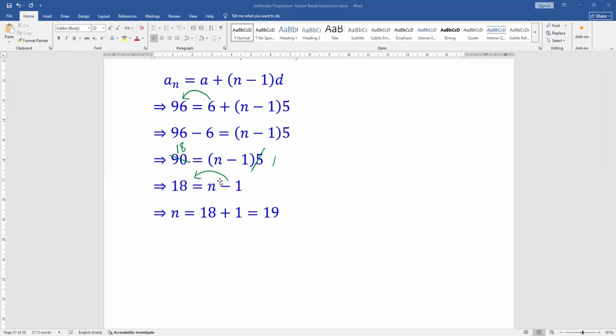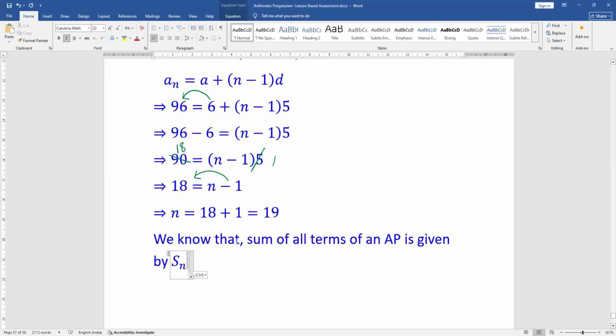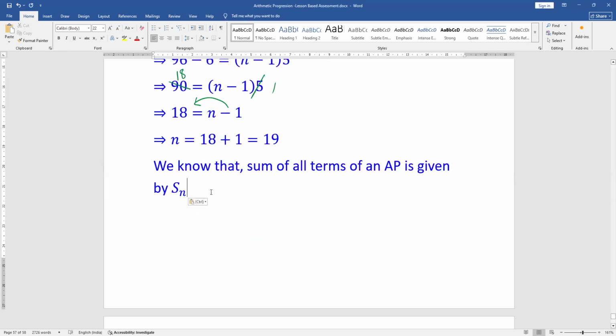Okay, so number of terms is 19. So ಈಗ ನಾವು ಏನ್ ಮಾಡ್ಬೋದು, ಇಲ್ಲಿ ಡೈರೆಕ್ಟ್ ಆಗಿ ಇವಾಗ ಫಾರ್ಮುಲಾ ಇದೆ, we know that the sum of all terms of an AP, Sn is given by Sn is equal to n by 2 into (a plus l). ಕರೆಕ್ಟಾ? ಇದೊಂದು ಫಾರ್ಮುಲಾ ಇದೆ. ಸೊ ನಾನೀಗ ಆ ಫಾರ್ಮುಲಾ ಅಪ್ಲೈ ಮಾಡ್ತೀನಿ. ಇಲ್ಲಿ ಇವಾಗ n/2 ಅಂದ್ರೆ 19/2 ಆಗುತ್ತೆ.